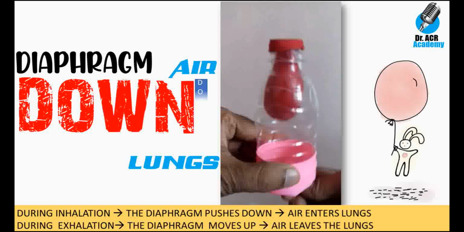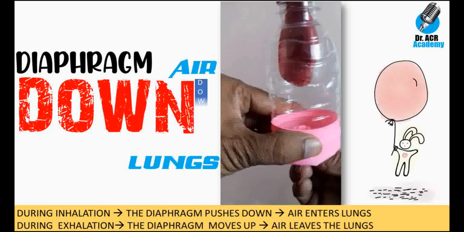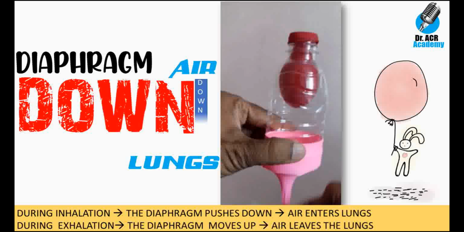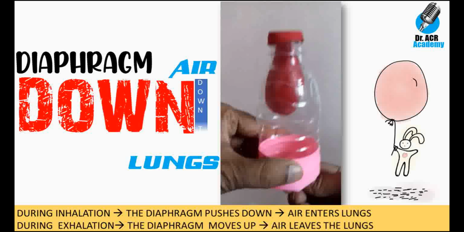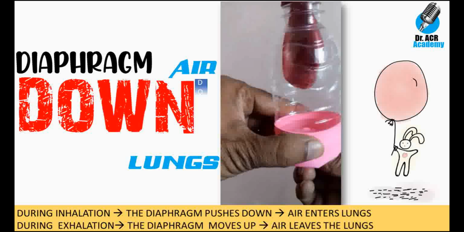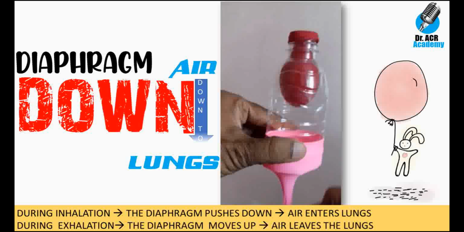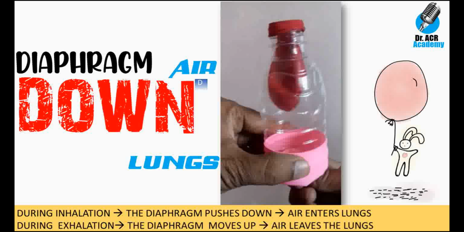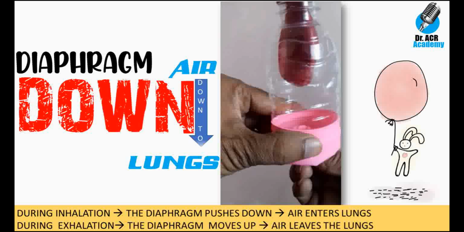Now, to understand the expansion of lungs, pull the lower balloon from the base downwards and watch the balloon in the bottle. Next, push the lower balloon up and observe the upper balloon. The changes can be summarized: during inhalation, the diaphragm pushes down and in exhalation, it moves up.